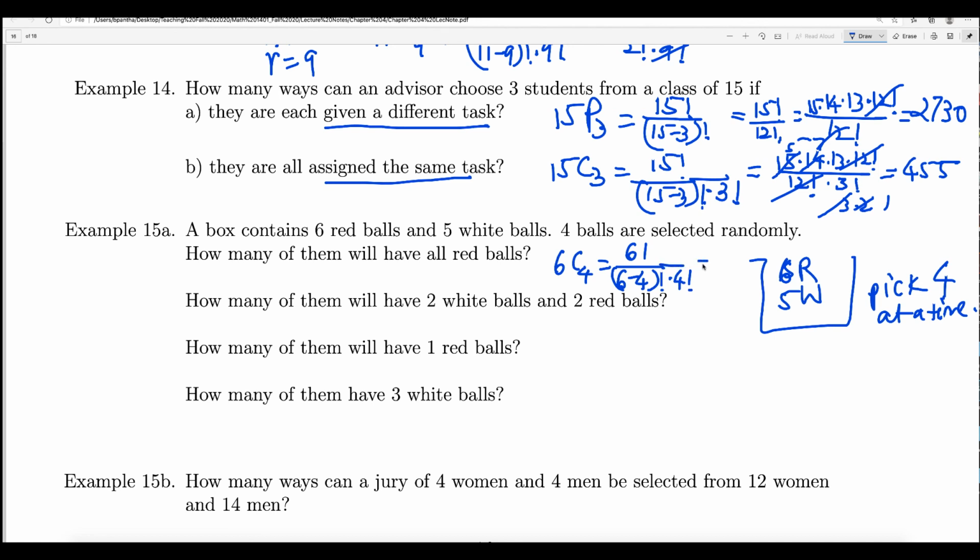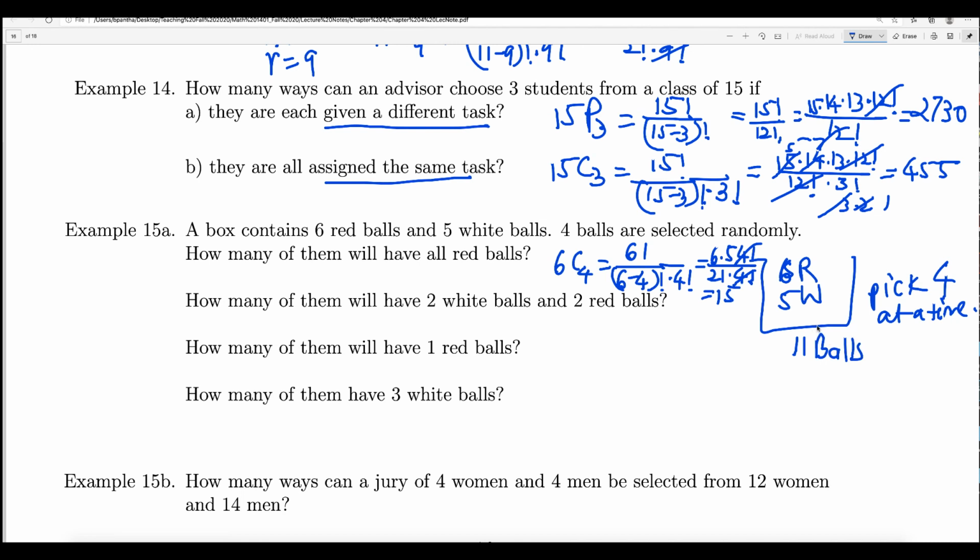That will be 6 times 5 times 4 factorial over 2 factorial times 4 factorial. So you cancel that. That will give you 6 times 5 is 30 over 2 is 15. There are 15 of those selections that will have all red balls, because in total there are 11 balls.